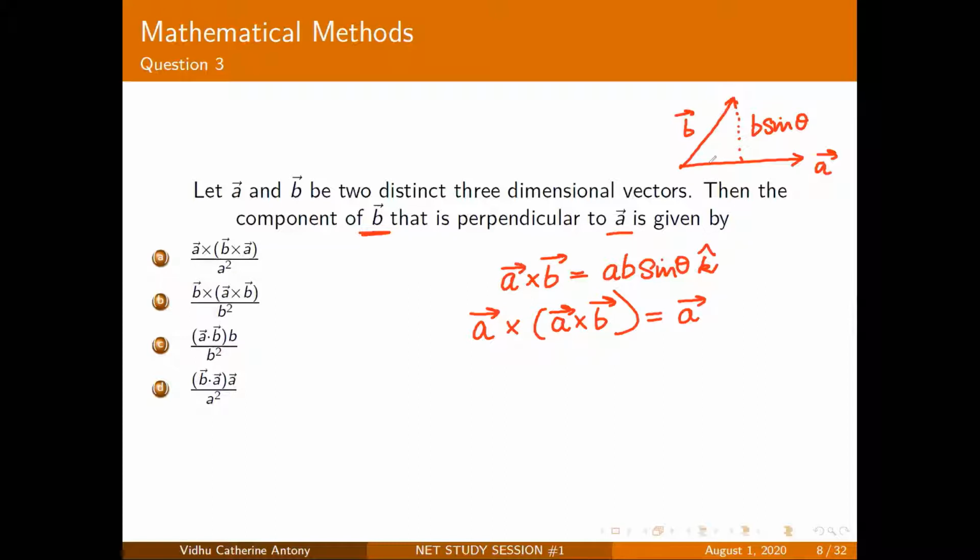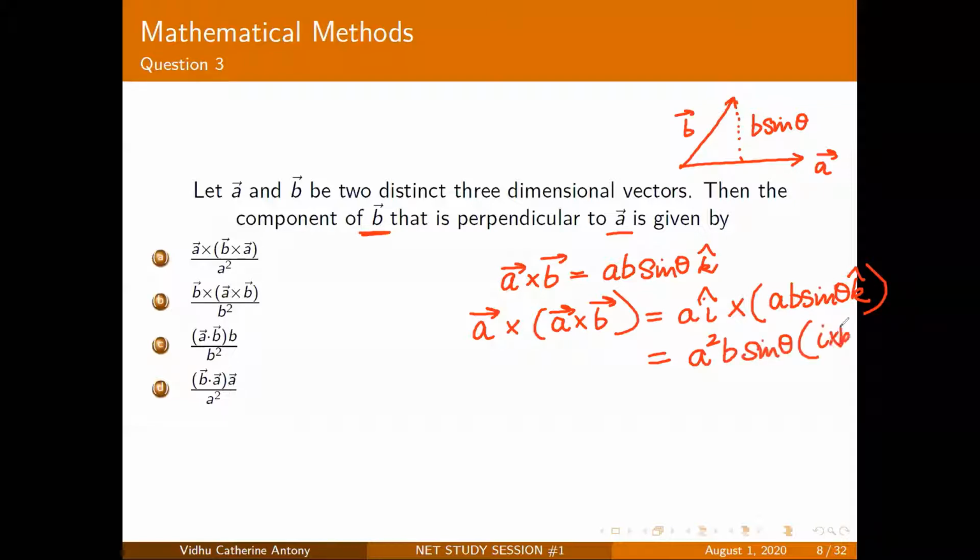A is along the x-axis, so I will put this as A i cap, and I'm crossing it with the quantity I've already found, AB sine theta K cap. So I will write A squared B sine theta, and I have an i crossed with K.